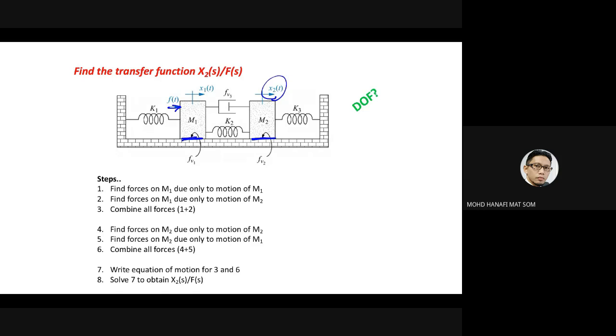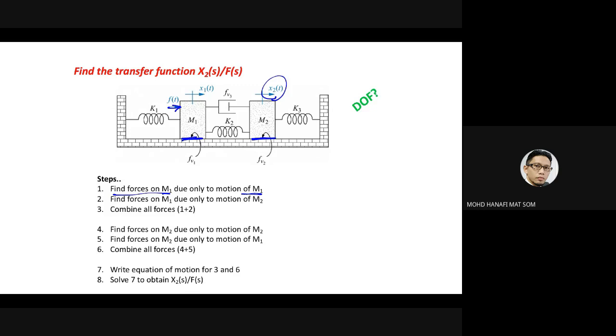To solve this kind of question for 2 degrees of freedom, we have 8 steps here. The first one, we only consider the forces on M1 due only to motion of M1.